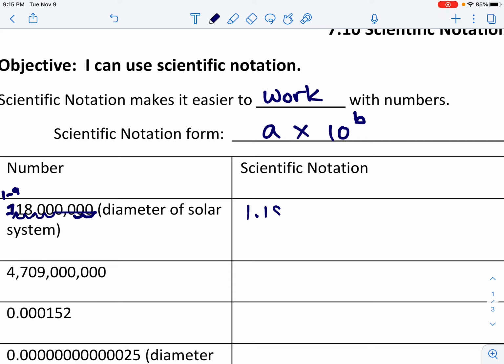I'm going to write all the numbers that I need except the 0. So all the other numbers except 0, I'm going to continue to write. So 1.18 times 10, and I moved it 8 places to the left, so that's going to give me a positive 8.